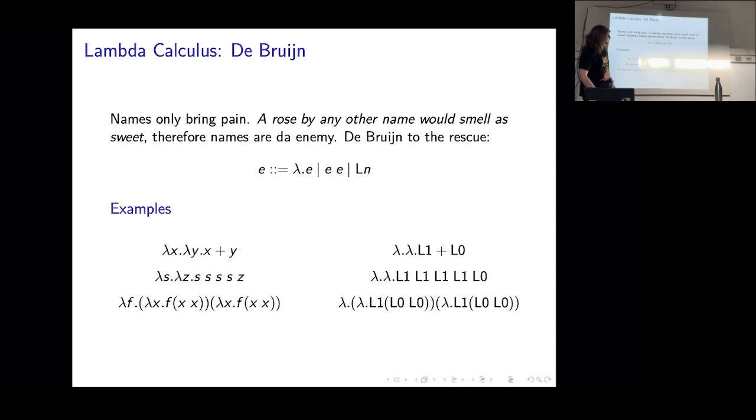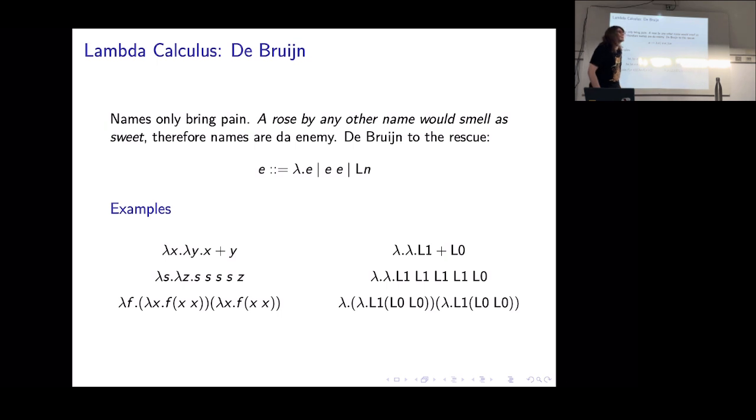So we have some examples, I don't know if you can see them. We have examples of terms written in standard lambda calculus. For example, this is just a function that computes a sum: lambda x, lambda y, x plus y.